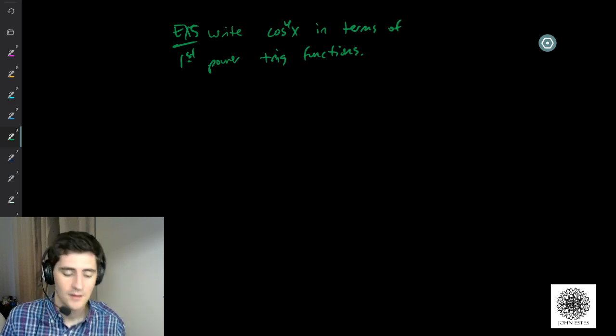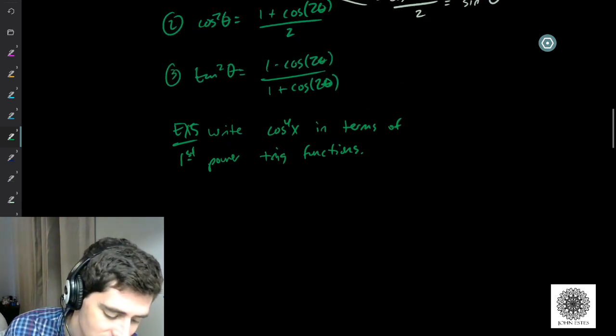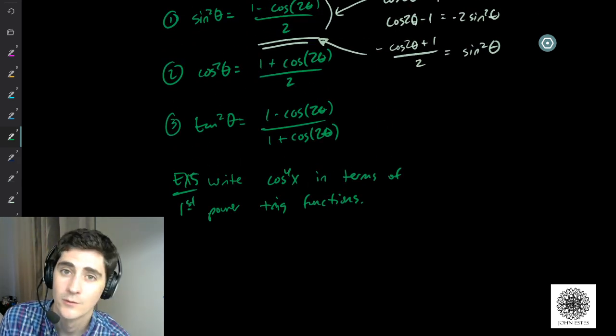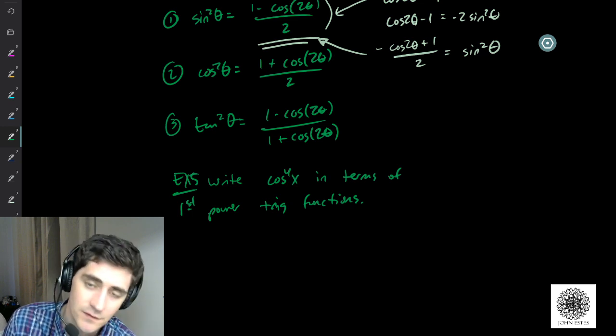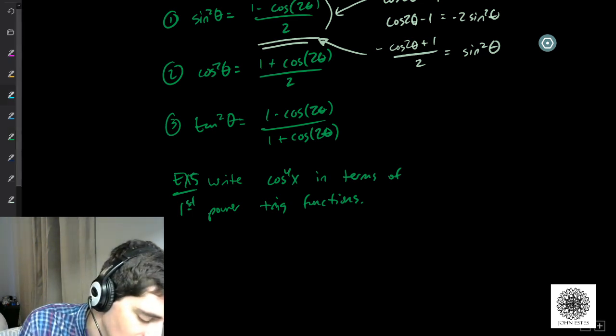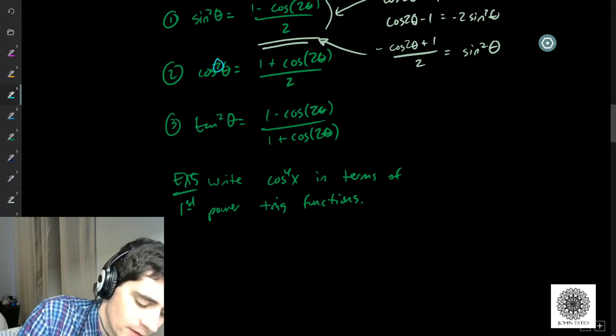Something like that. And what we're going to do is use our reduction formulas that we just learned, which is again just a reordering of our double angle identities to help reduce the powers. So notice I went from cosine squared to cosine to the 1st power, right?